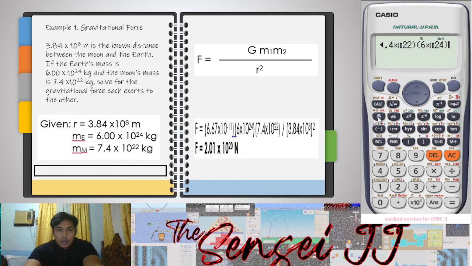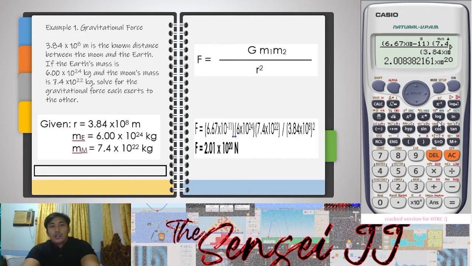All of these will be divided by 3.84 times 10 raised to 8, squared. The result is 2.01 times 10 raised to 20 Newtons. So our value here is correct. That is example one, which is gravitational force.